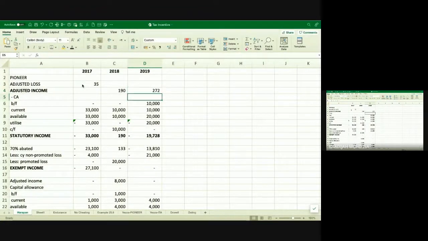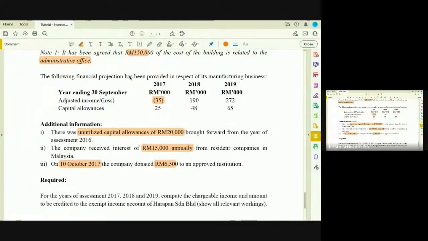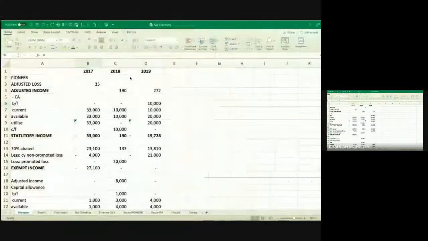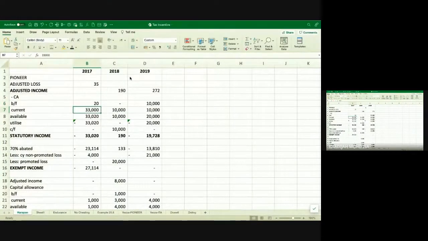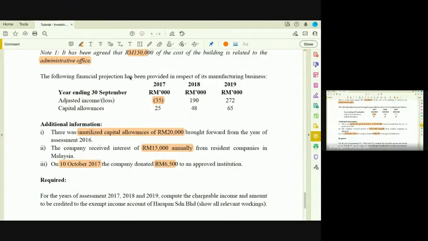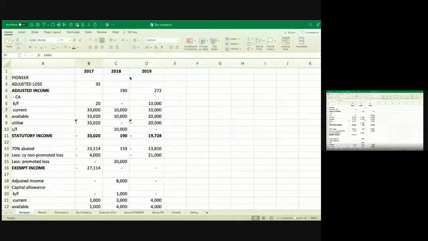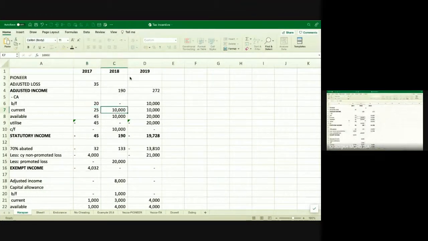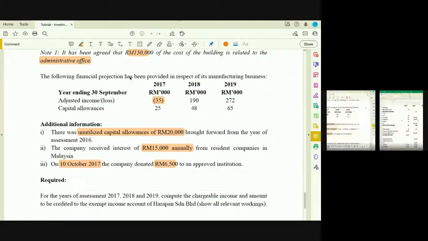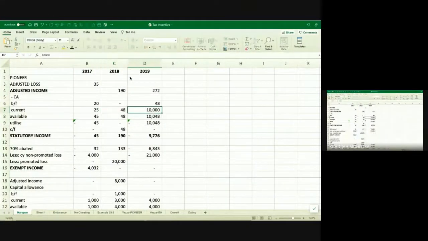And then you have a brought forward CA of how much? CA 20,000, so you have 20 brought forward. Current you have 25, 48, 65.